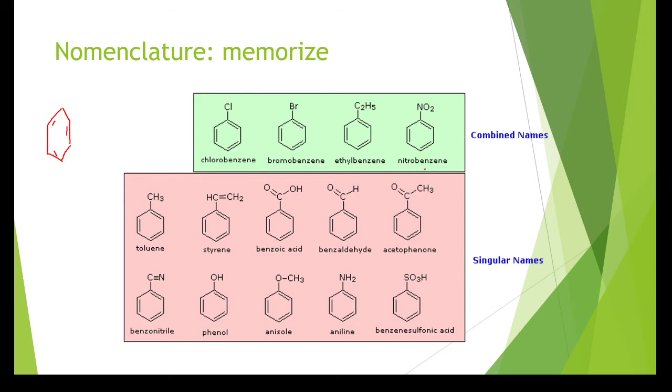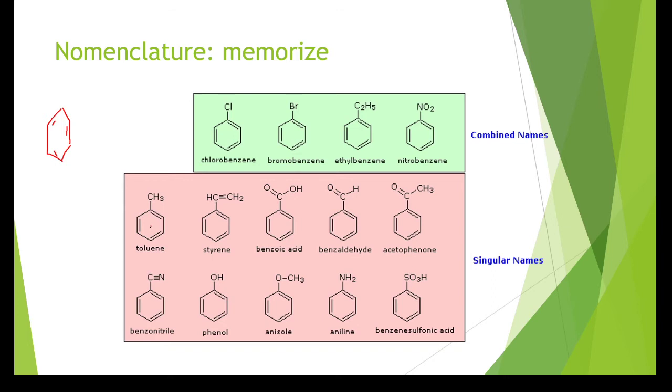Straightforward. The functional group that's on there, all right, plus the word benzene. But some of them, so this is called ethylbenzene, but this one down here is known as methylbenzene, but we don't call it methylbenzene, we call it toluene. Toluene is the name that is most commonly used, just like styrene there.